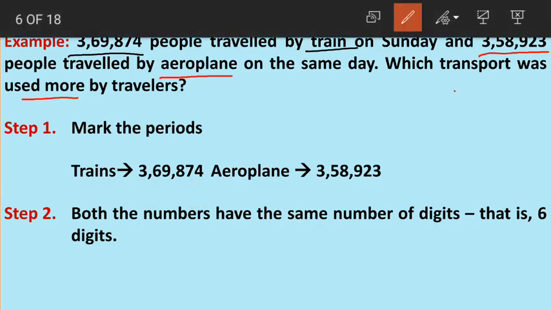We found out that both the numbers have the same number of digits, that is 6 digits. This 3,69,874 also has 6 digits, and 3,58,923 also has 6 digits. Now what should we do?